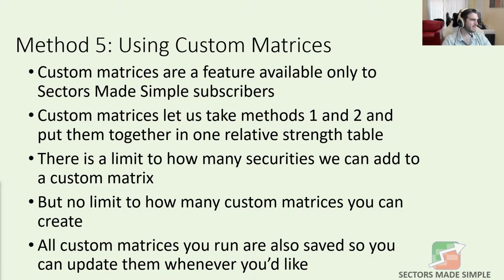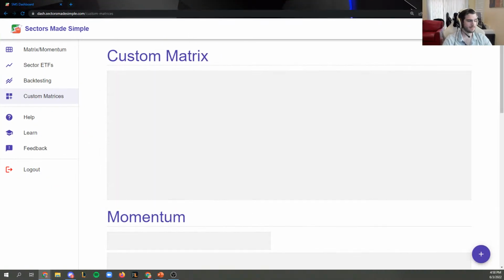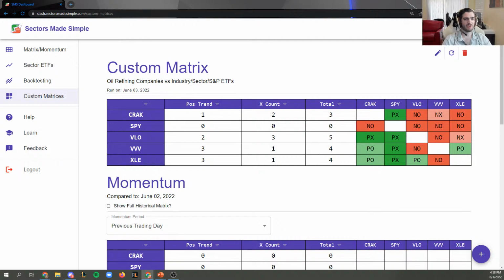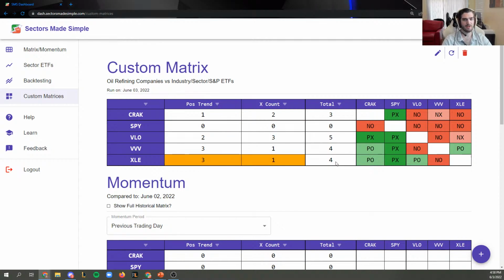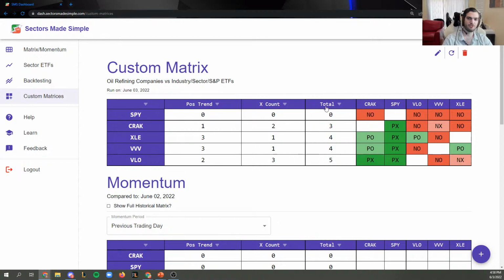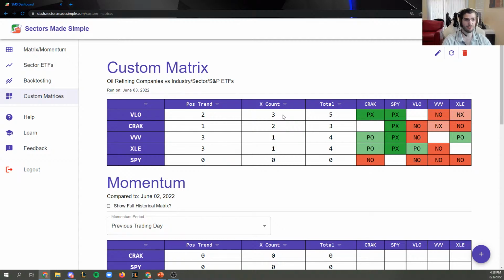We don't have too much time today, but I really quickly want to show you all a custom matrix that I ran, which was taking those two companies we talked about before, Valvoline and Valero, and compares them to the S&P 500, SPY, to XLE, the energy sector, and to their overarching industry, refining. So what we find here is if we sort by short-term X count, that VLO is the current leader with 3 positive counts.